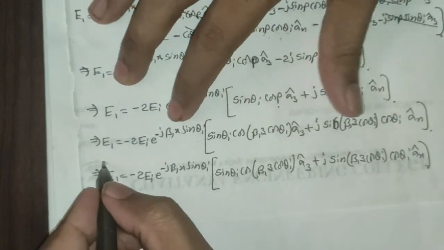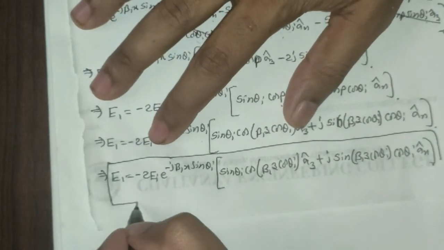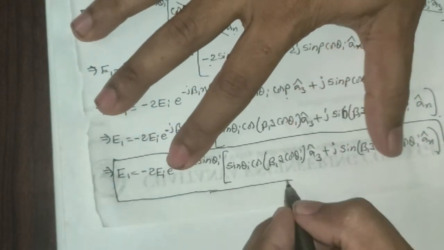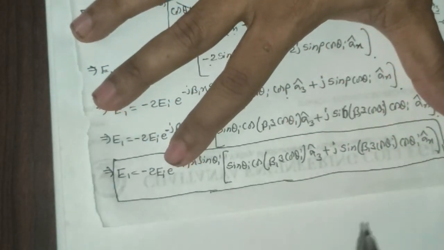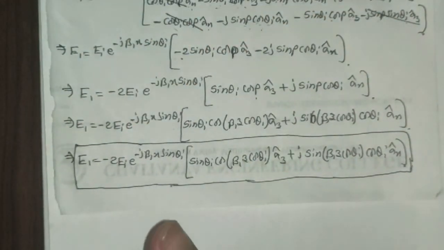So this is the complete mathematical equation for the total electric field in medium 1. That's it. Next we have to bring the corresponding derivation for the magnetic field also in the next part.